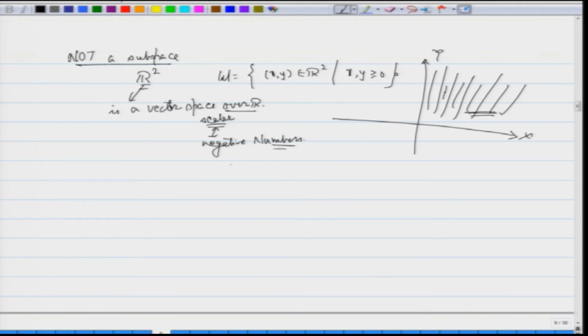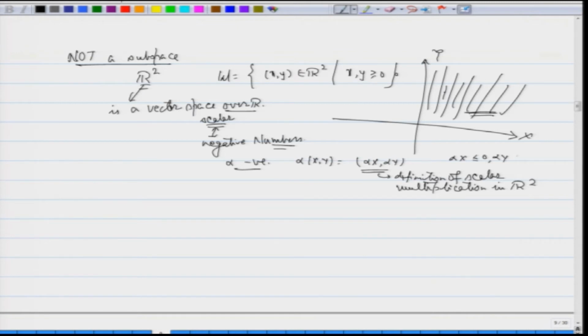So, now if I take alpha to be negative, and look at alpha times (x, y), which by definition is (alpha x, alpha y), that is the definition of scalar multiplication in R2, then alpha x is less than or equal to 0, alpha y is less than or equal to 0, and therefore, I am in this part.